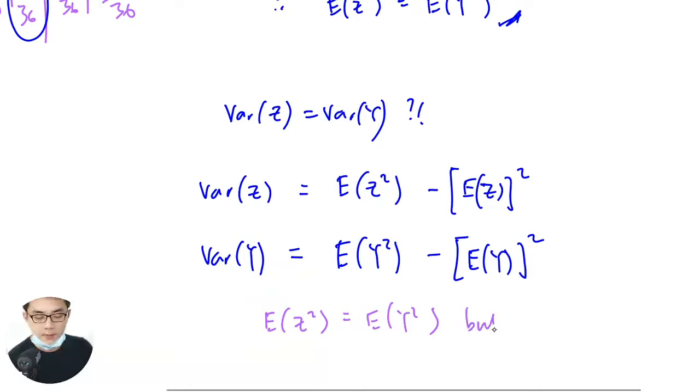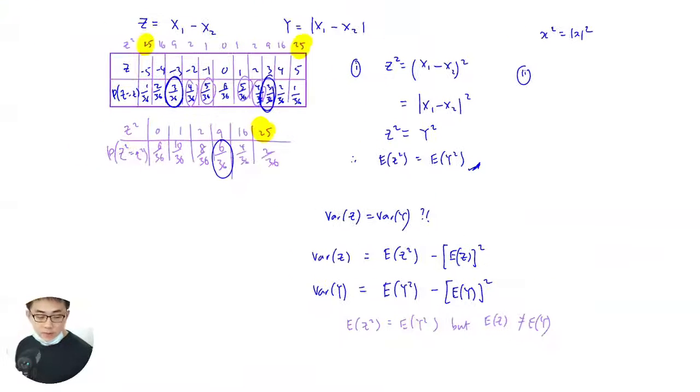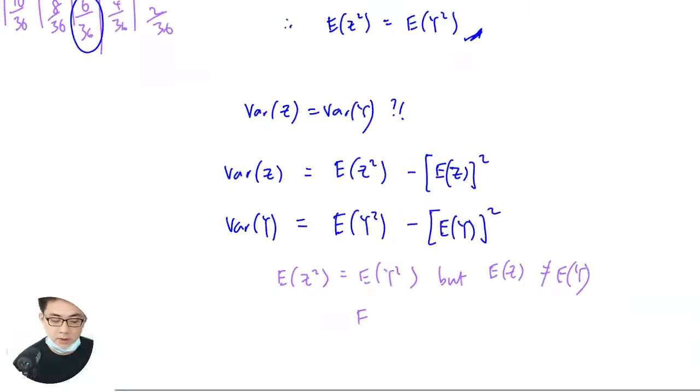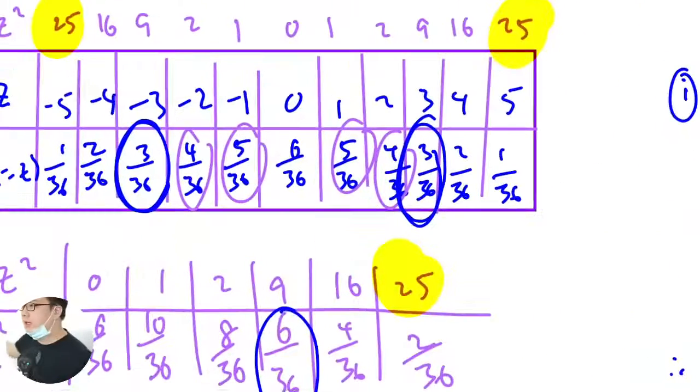But E[Z] is not equal to E[Y]. Expectation of Z will be what? Do you want to give a guess? Expectation of Z is equal to 0. Confirm 0. Why? Because it's centered about 0.